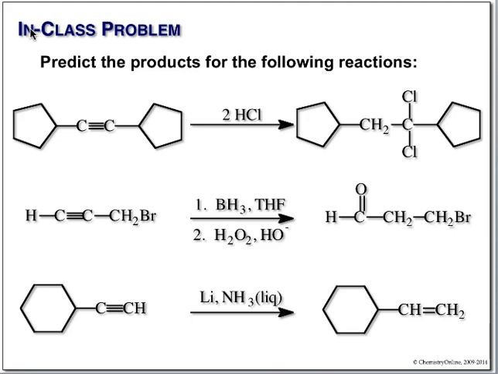So that's all that is. Yes, the addition of these hydrogens goes on trans, but you can't tell because this is a CH2. That's all that means. Any question on these three?